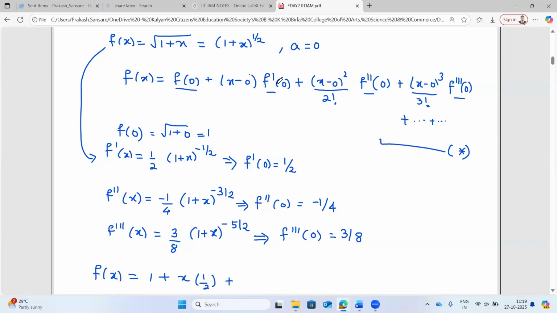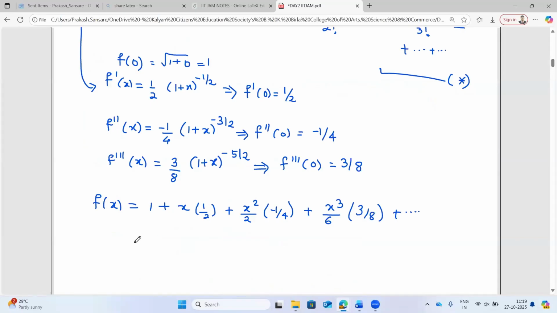plus x minus 0, that is x square, by 2 factorial is 2. f double dash at 0 is minus 1 by 4, plus x cube by 3 factorial is 6. And f triple dash at 0, we have calculated it as 3 by 8, plus dot dot.